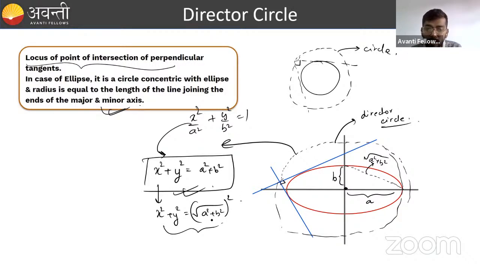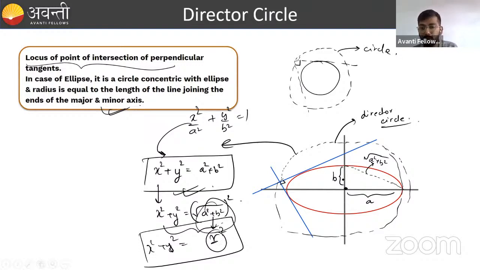Now x square plus y square equals to r square is the general form of a circle whose center is at origin. So the radius is given by root of a square plus b square. That root of a square plus b square is the length connecting the ends of the major axis and minor axis of the ellipse, correct? You can see here that length connects the ends of the major axis and minor axis. So you guys should remember this point.